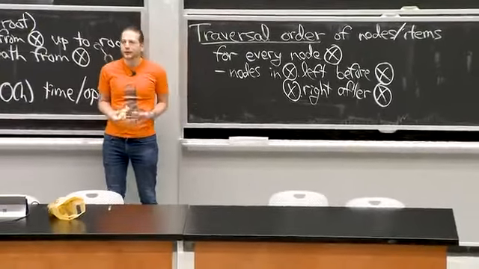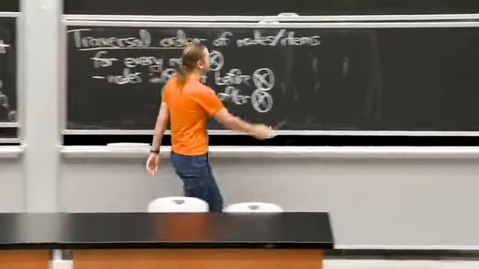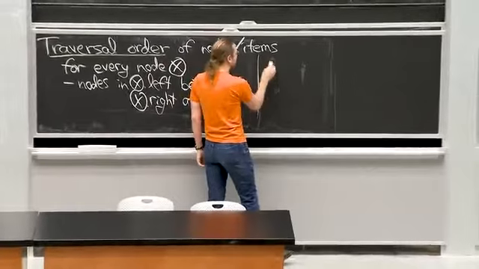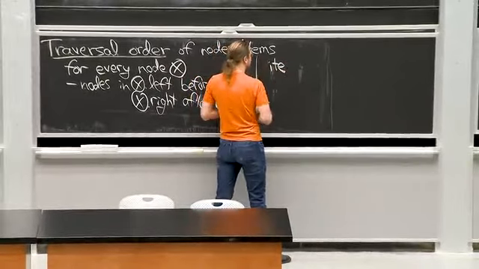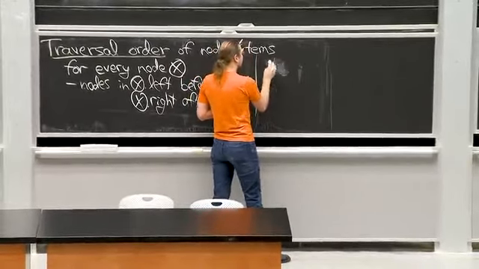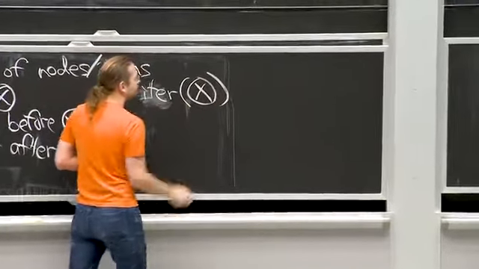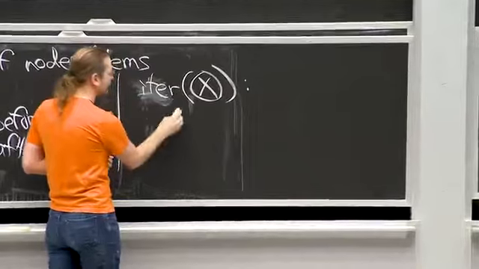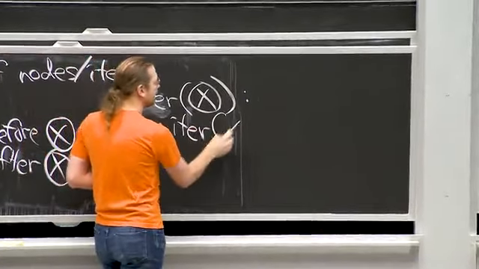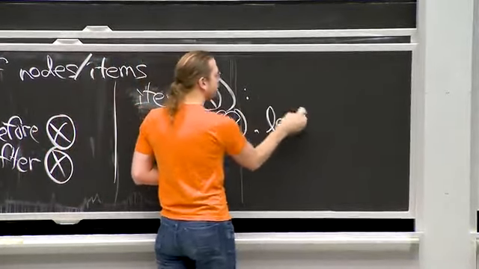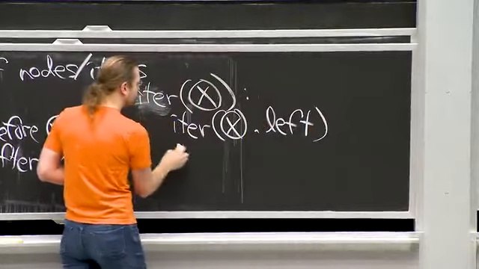There's a very simple algorithm for computing this. If I want to iterate all the nodes within a subtree rooted by x, I just iterate on all of the nodes in the left subtree. Then I output x itself.